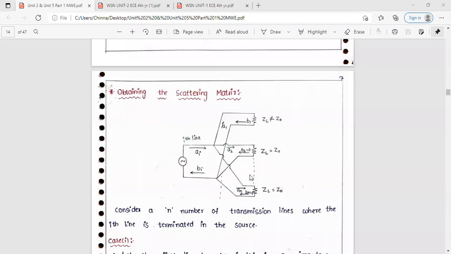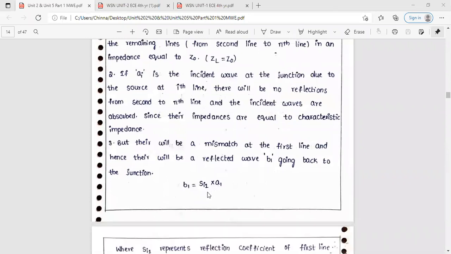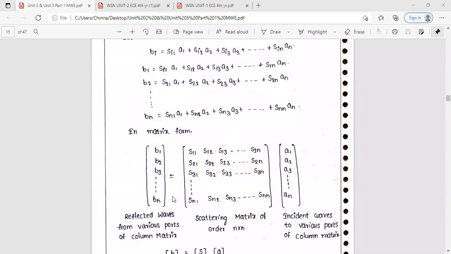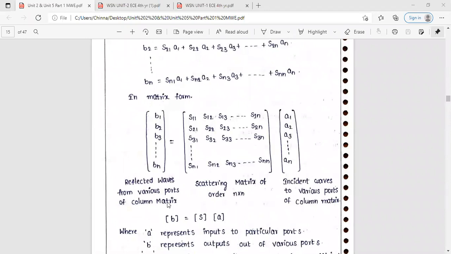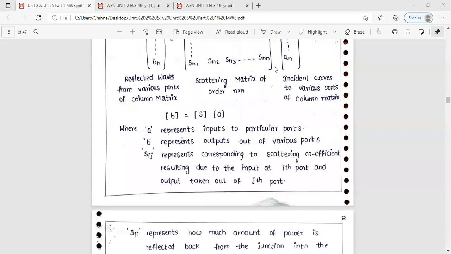Okay, ZL load అనేది exact గా మనం మ్యాచ్ చేస్తాం. Okay, then only will we obtain the first equation. So first equation B1 is equal to Si1 into A1. So similarly we will consider the same expression for that particular representation. So finally we can obtain B is equal to S into A. So this is how we obtain the scattering matrix.